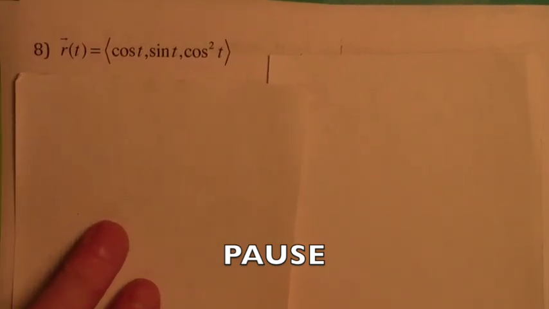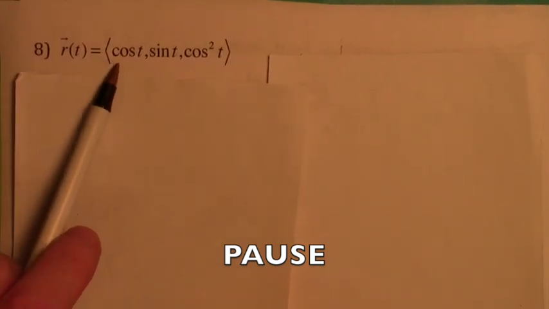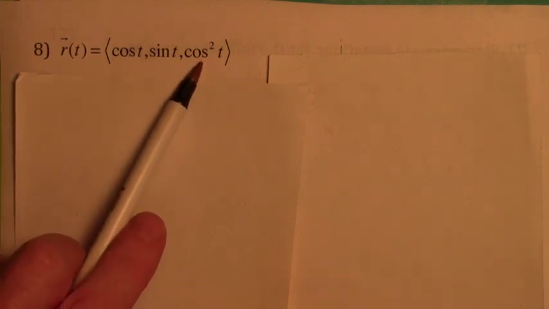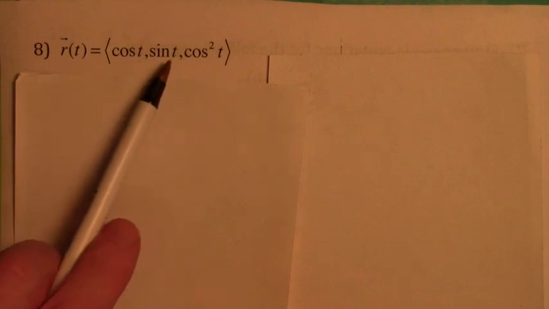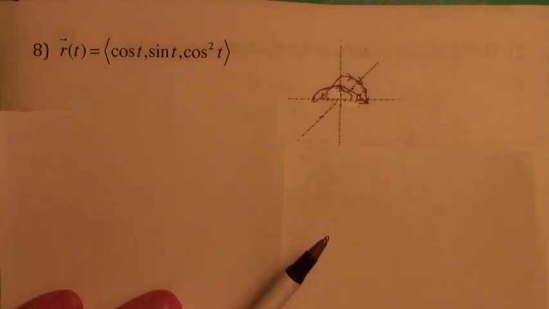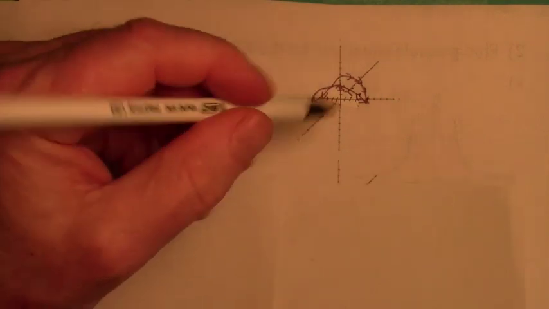Okay, so x and y are moving around a circle, right? Z, however, is in the xz plane. Notice z equals x squared. So you've got like a parabola thing here. I don't know if this is exactly what you would have. This is x, this is y, and this is z.